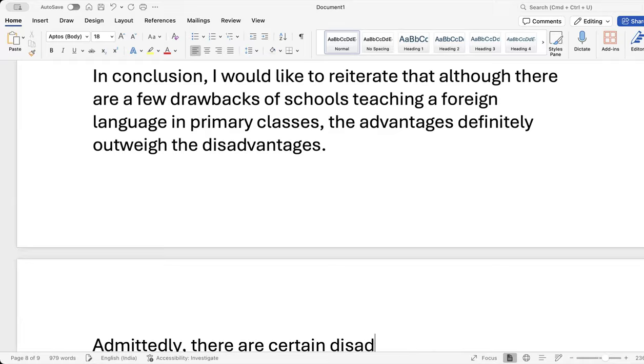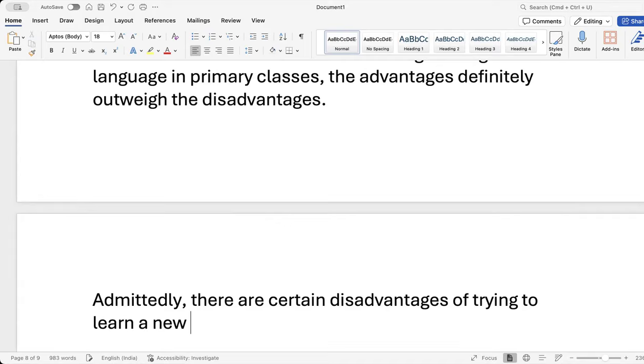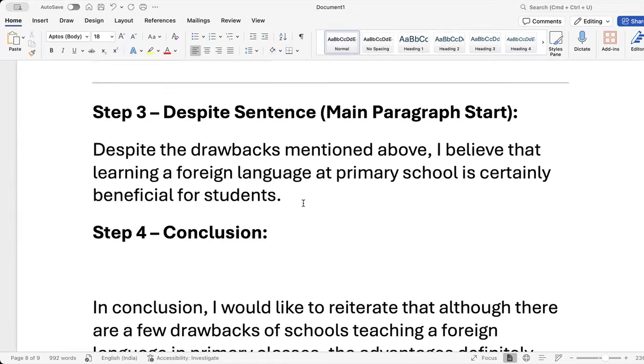Let's use certain disadvantages of trying to learn a new language or a foreign language at primary school. That's it. And then you're going to give your downsides one by one to begin with and in addition. So this is your first body paragraph. After you're done with the first body paragraph, you're going to use the despite statement to come to the next one.